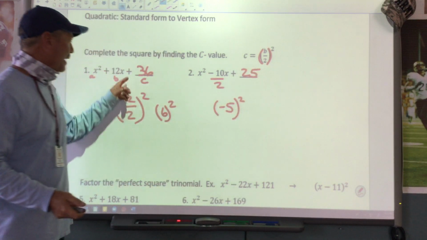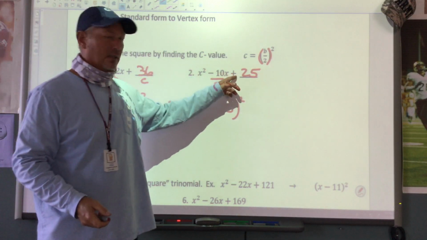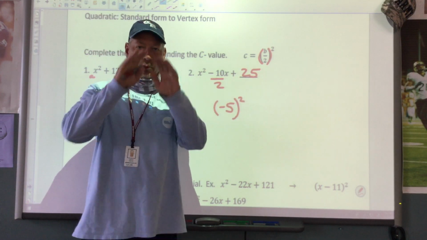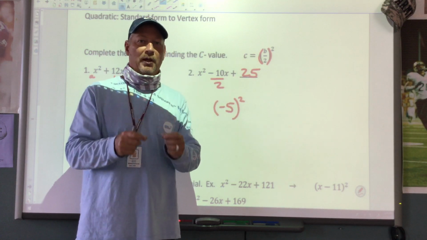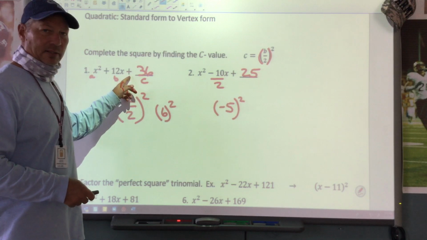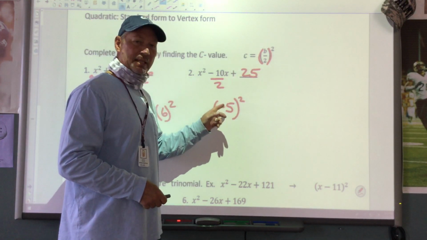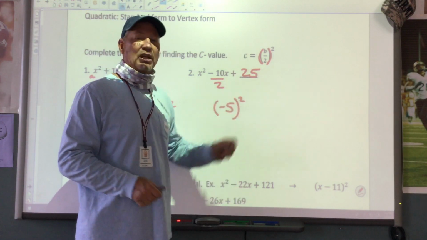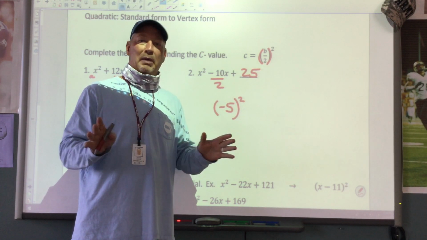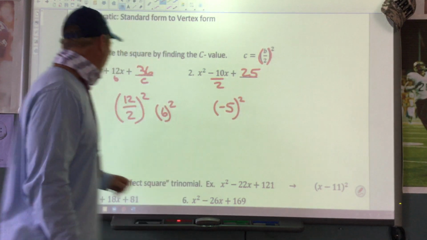Notice I already had a plus sign waiting, because whenever you square a value, we put it in parentheses and square it. A positive times a positive is a positive. A negative times a negative is a positive. Your C value will always be positive, or else we're messing up somewhere.